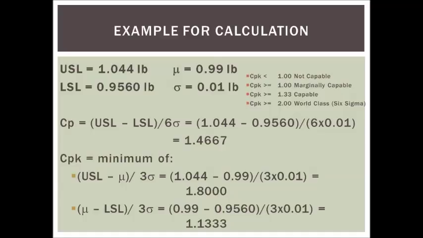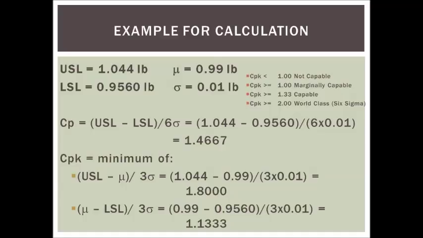And now we have to choose which one is the process capability. So of course, let me remind you, Cp, that's the first calculation up there in the middle, Cp of 1.4667, that is the process capability if the process were actually centered on the specification. Now remember, the specification is centered on 1, because the FDA gives the specification for a 1 pound bag of candy, and it allows it to be greater than or less than 1 pound by 0.044.